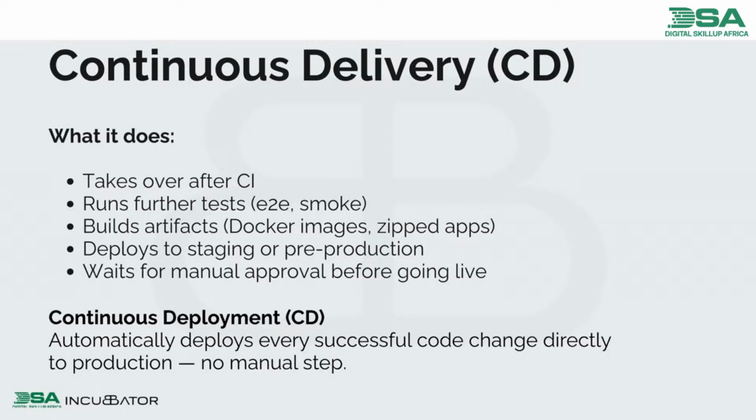So the goal with continuous delivery or continuous deployment is to ensure that you have ready-to-deploy production code, to ensure that risks are minimized, and to speed up the time to market, right? Those are the benefits that we derive from having a CI/CD pipeline.